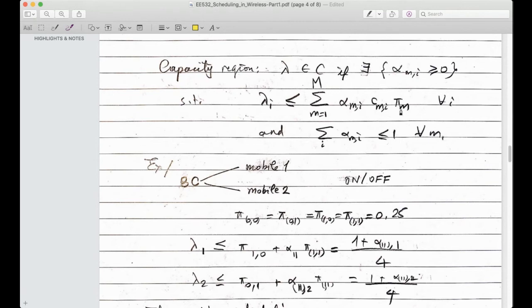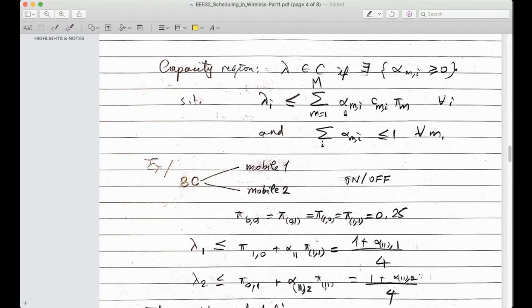What is pi_m? Pi_m is the probability of observing state m. C_mi is the rate that user i would get if it was scheduled during state m. And alpha_mi is the probability of selecting user i during state m.